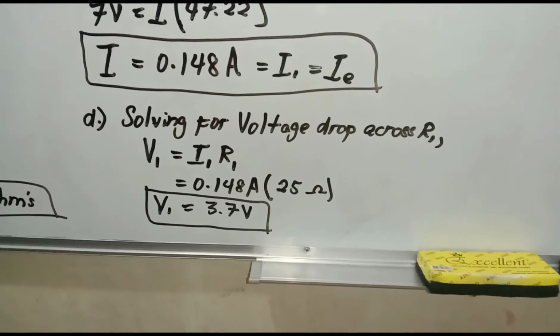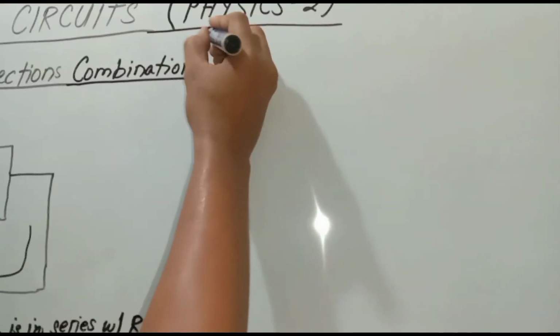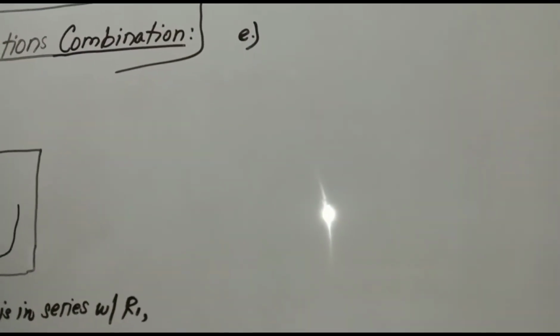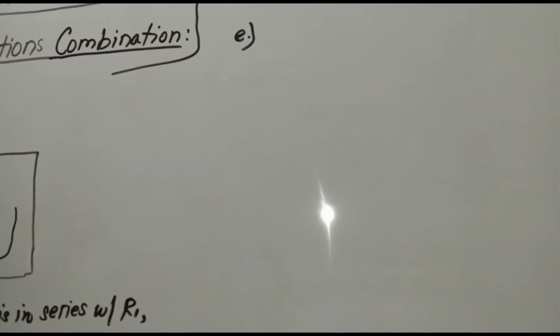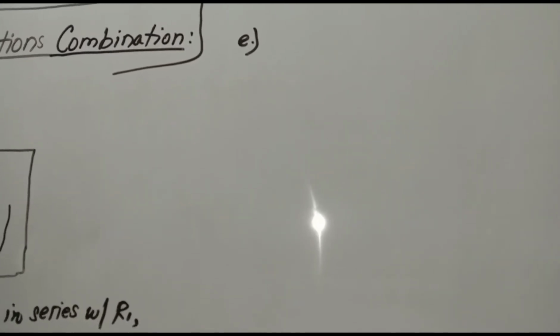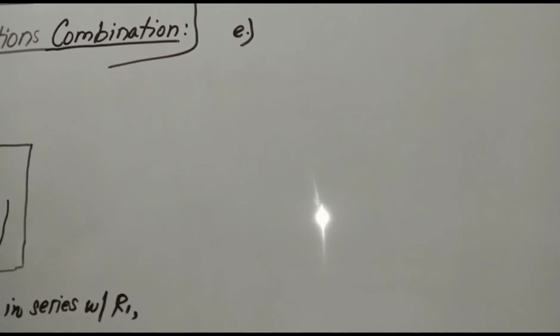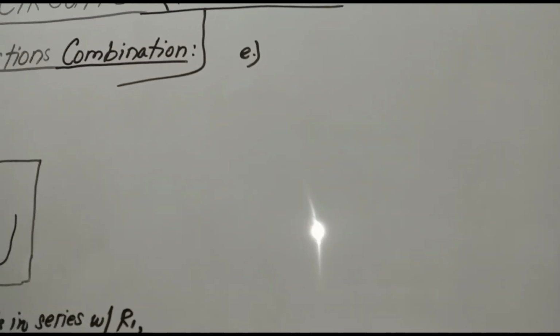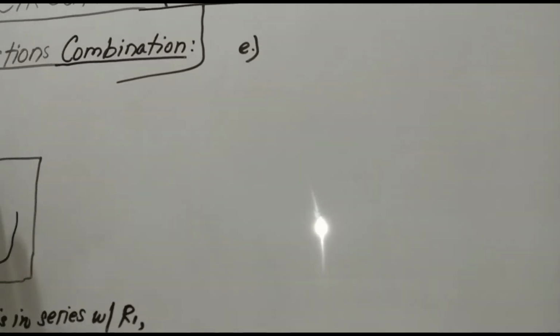Next requirement. We have already calculated V1. Now we need to solve for VE, the voltage drop across the equivalent resistance of these two parallel resistors.